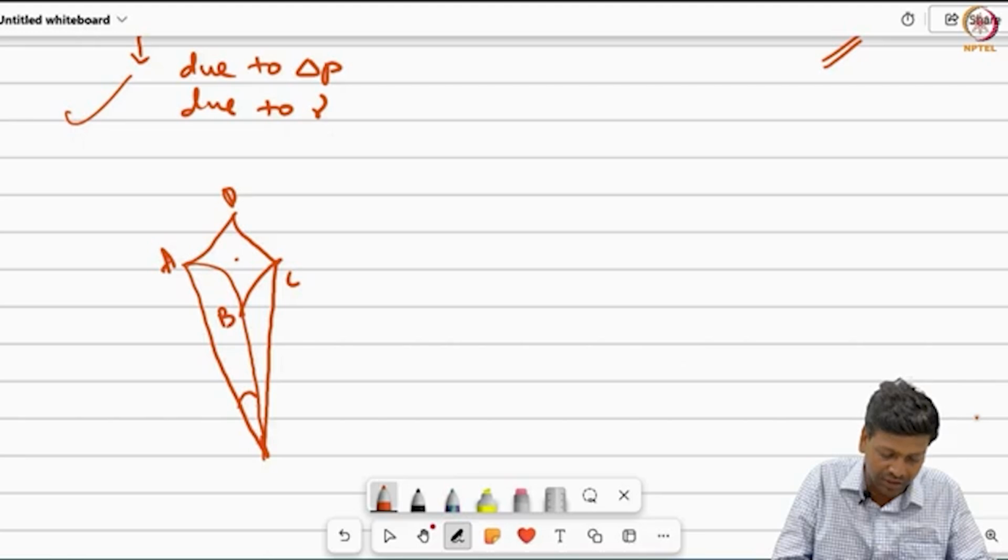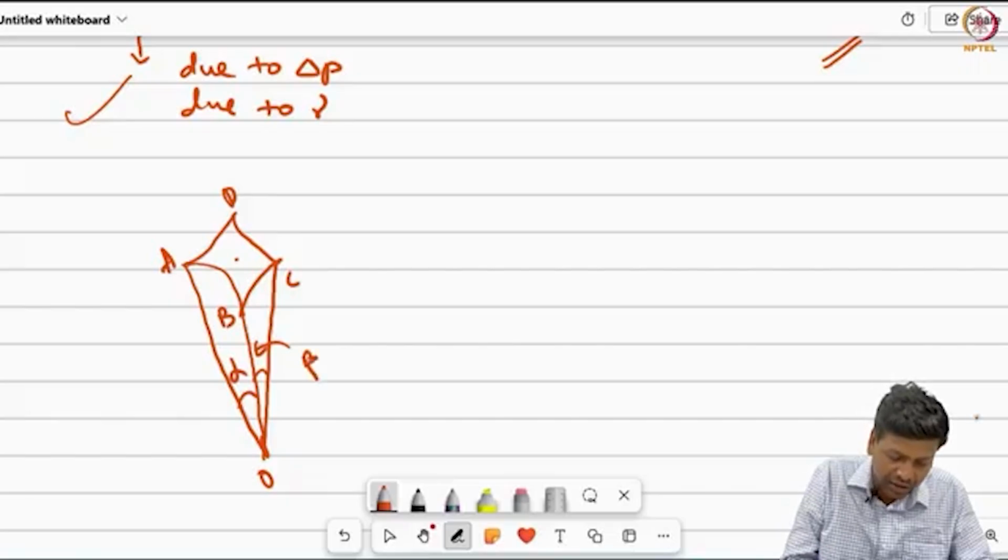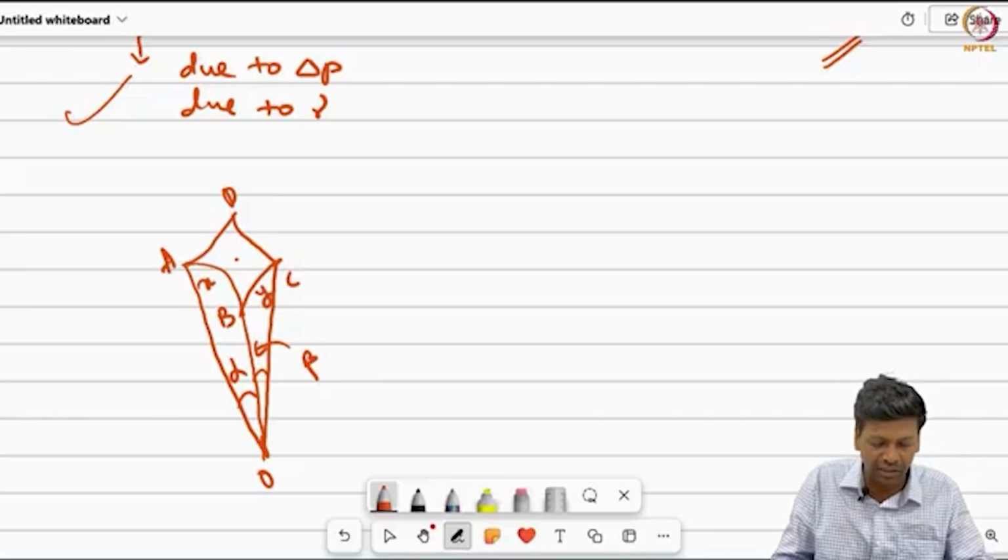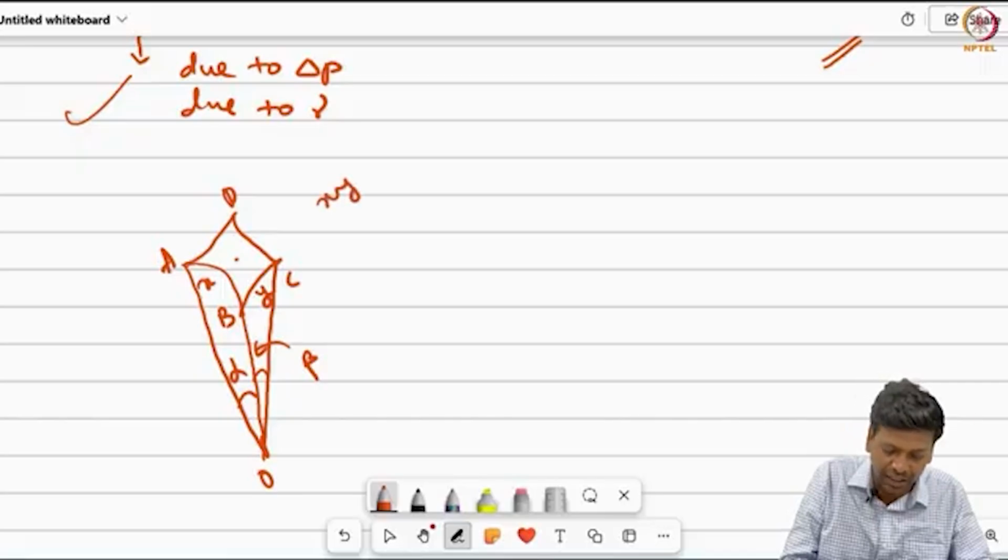In the first case, if I name this as AOB, this triangle will have angle alpha, whereas the other triangle will have angle beta. The length and breadth, the distance from A to B is X, and B to C is Y, right? Then the area here is simply XY.